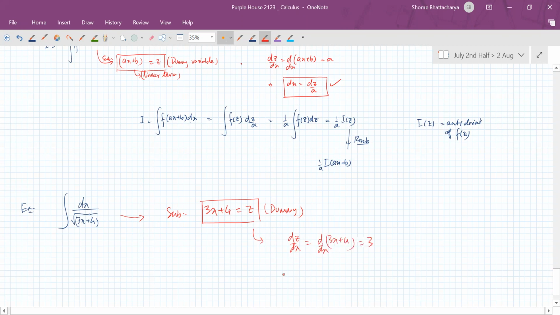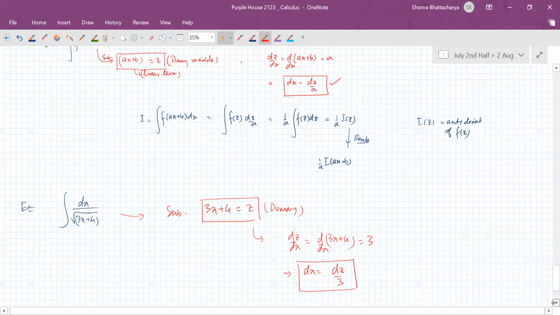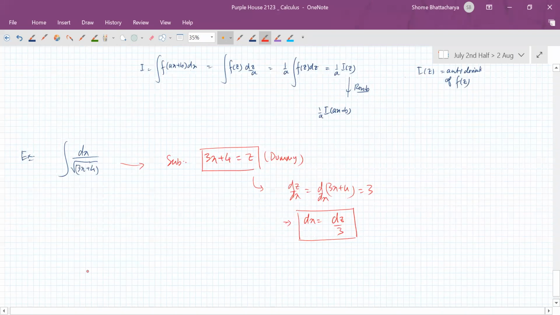So dx is 1/3 of dz. Along with substituting 3x plus 4 as z, I also need to substitute dx in the numerator in terms of dz.